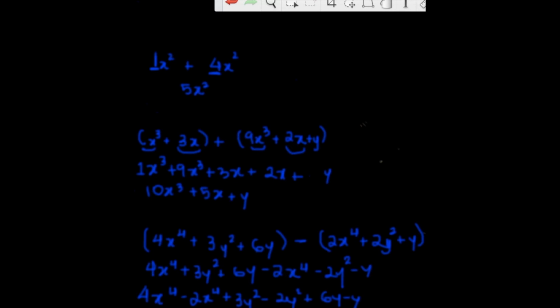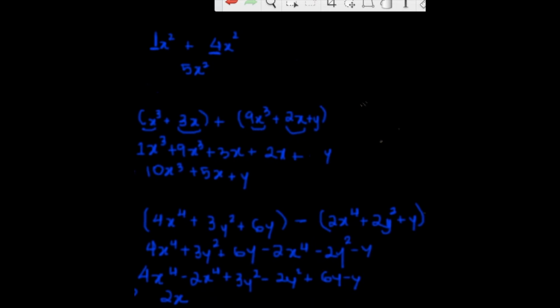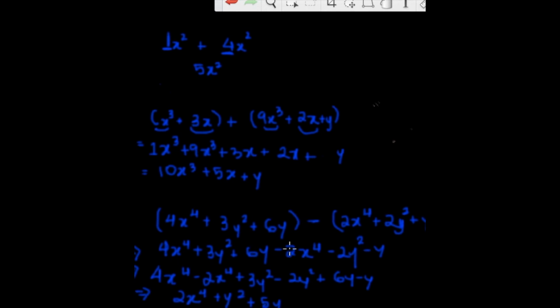And then just simplify, so that will be 2x to the power of 4 plus y squared plus 5y. Because that's the point you can simplify it up to, that will be your final answer.